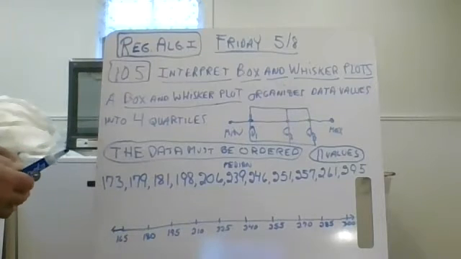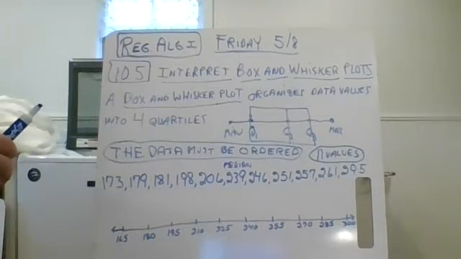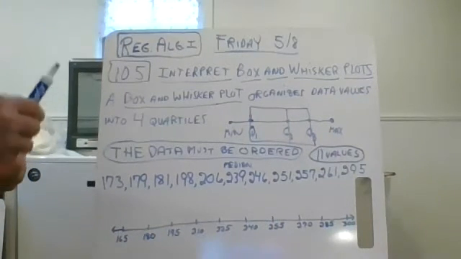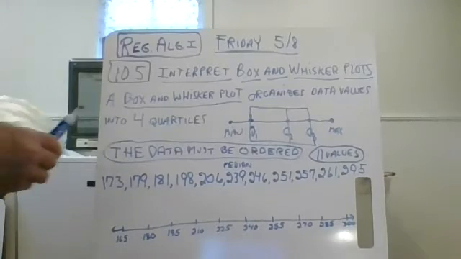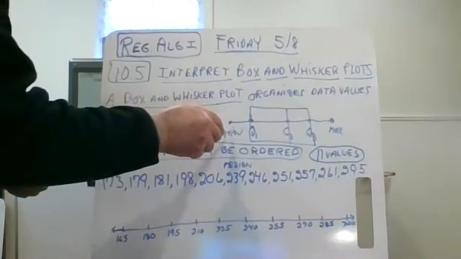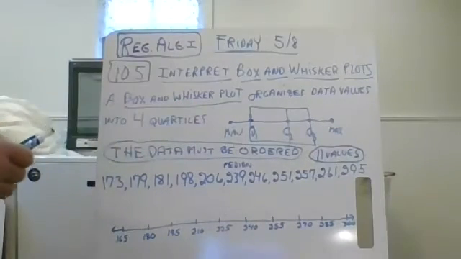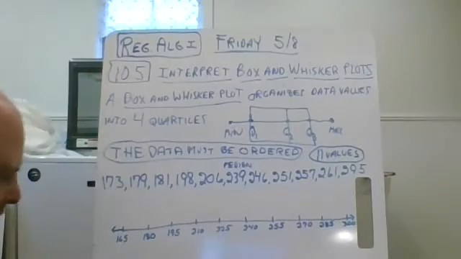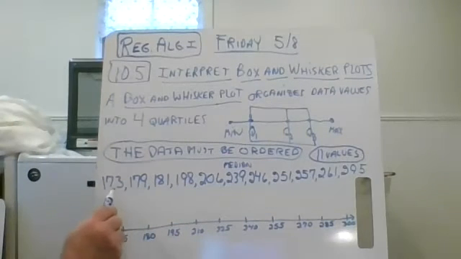Okay, now, in order to create a box and whisker plot, the first thing we do is locate the minimum value. So here it is, 173. So you find that on your number line, approximately. It's about somewhere in here. Draw little dotted lines down, put a point.